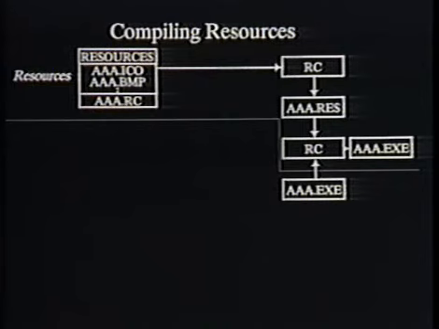In addition, we use our exe file that we created from the linker, right? The RC compiler then merges, or in a sense appends, the resources onto the end of our exe file. And so we produce a new version of the same exe file, which is then shown over on the right-hand side of the diagram.